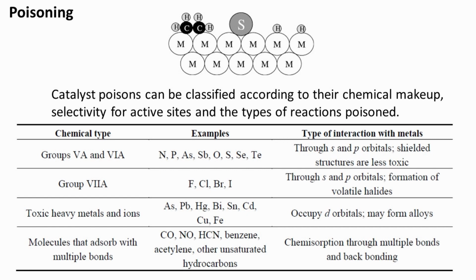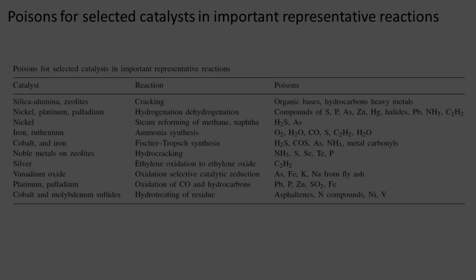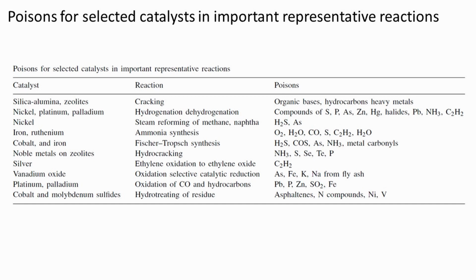type of reaction poisoned. The table on the slide lists four groups of catalyst poisons classified according to chemical origin and their type of interaction with metal. This table lists a number of common poisons for selected catalysts in important representative reactions.